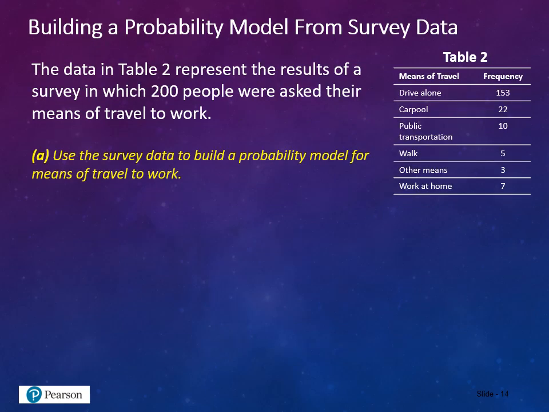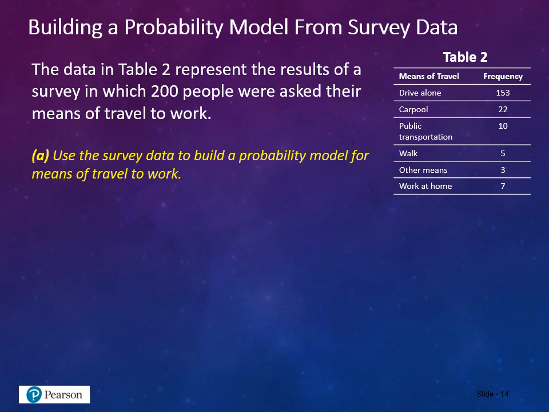How do we build a probability model from survey data? The data in Table 2 represents the results of a survey in which 200 people were asked their means of travel to work. Use the survey data to build a probability model for means of travel to work.